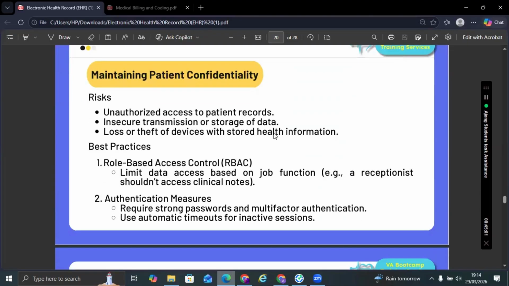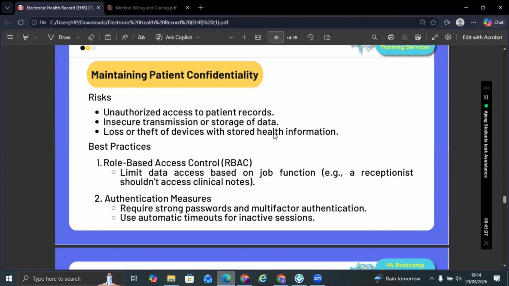Maintaining patient confidentiality. The risks are unauthorized access to patient record, insecure transmission or storage of data, and then loss or theft of devices with stored health information. And then best practices are: first, role-based access control.